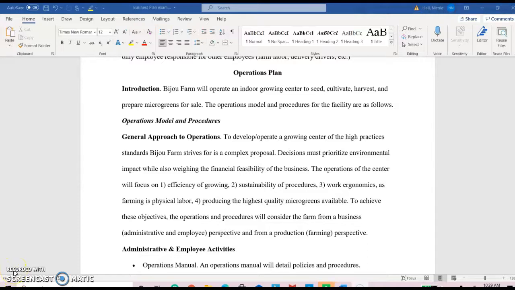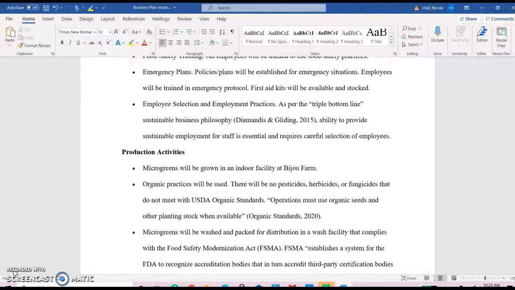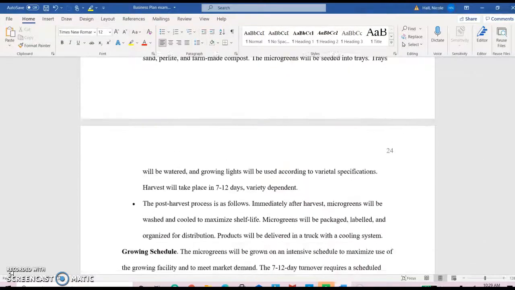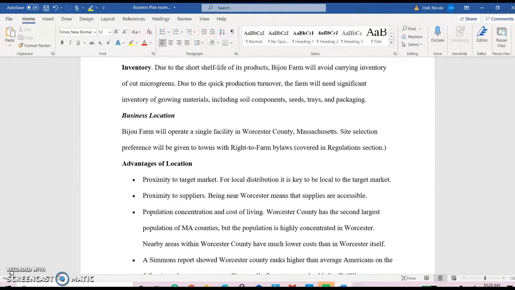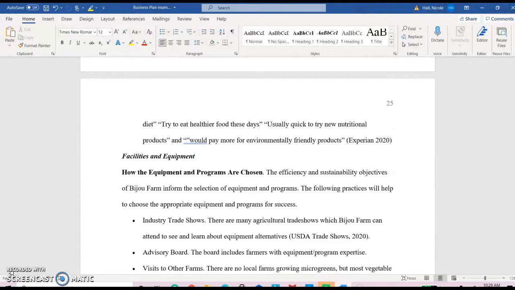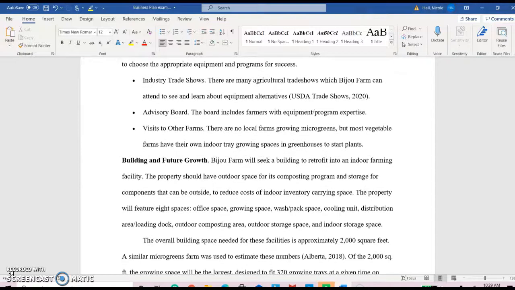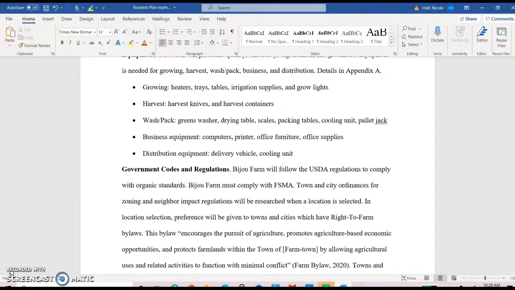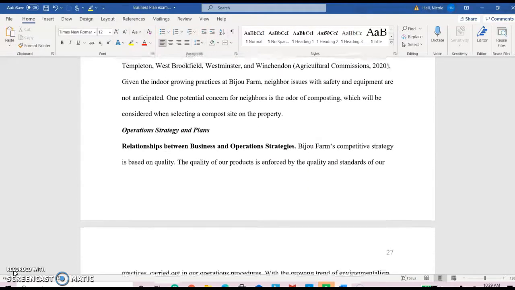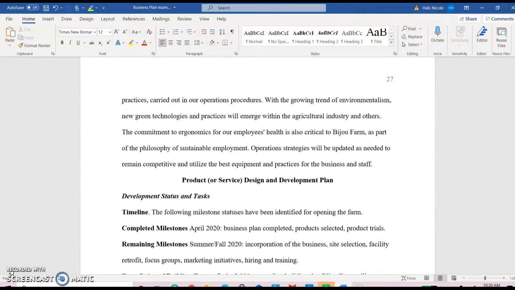So make sure you include a general approach to operations, administrative and employee activities, production activities, inventory, the business location if applicable, advantages of the location, facilities and equipment, and how the equipment and programs are chosen, the building and future growth of the business, equipment, and then any government codes and regulations, and then the operation strategy and plans. You have to include the relationship between business and operation strategies.